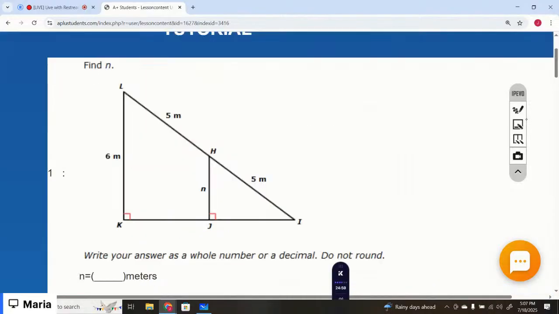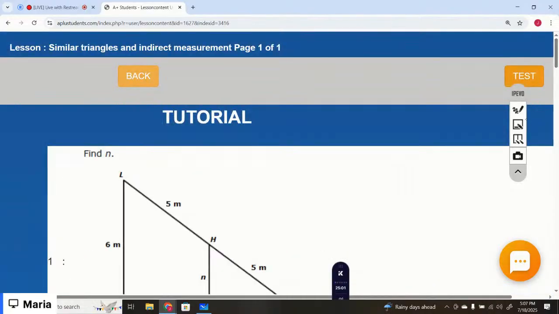Let's just start with the test questions.